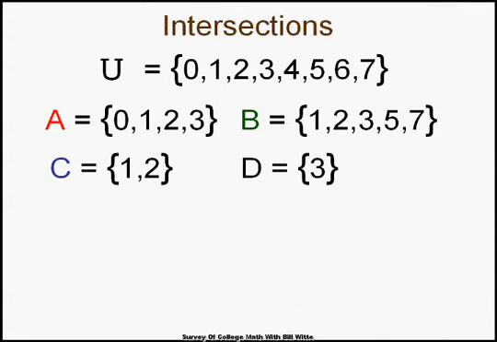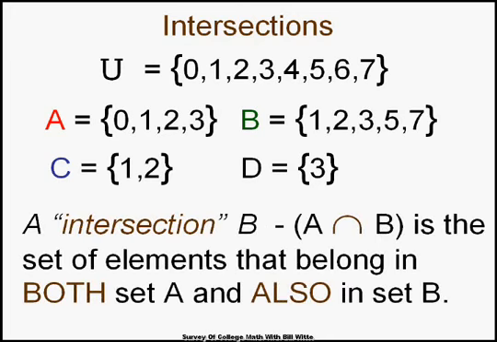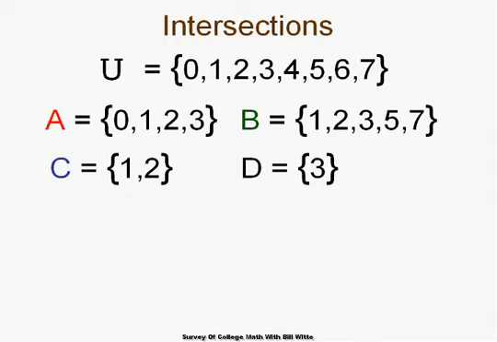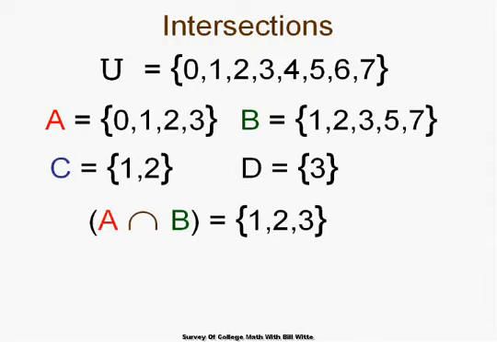Now, let's talk about the intersection of sets. The definition: A intersection B, and that's the upside-down U, is a separate set. It's the set of all the elements that belong in both set A and at the same time also belong in set B. Let me give you an example.